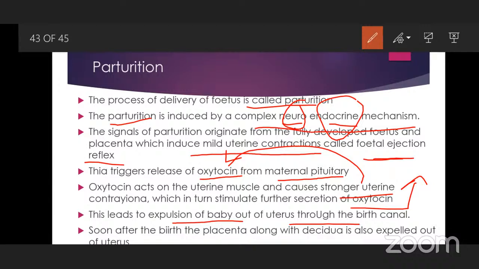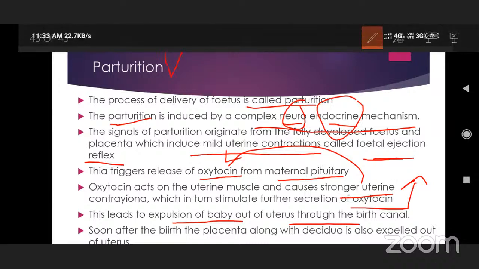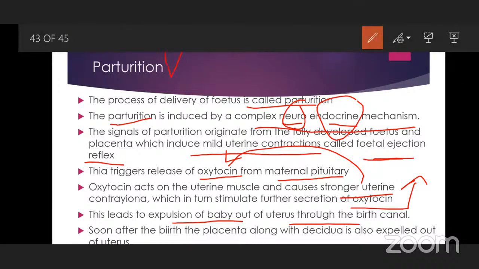So once the baby is completely developed, because of these uterine contractions as well as oxytocin hormone, this process of parturition will take place. And soon after the birth, the placenta along with the decidua is also expelled out of the uterus.